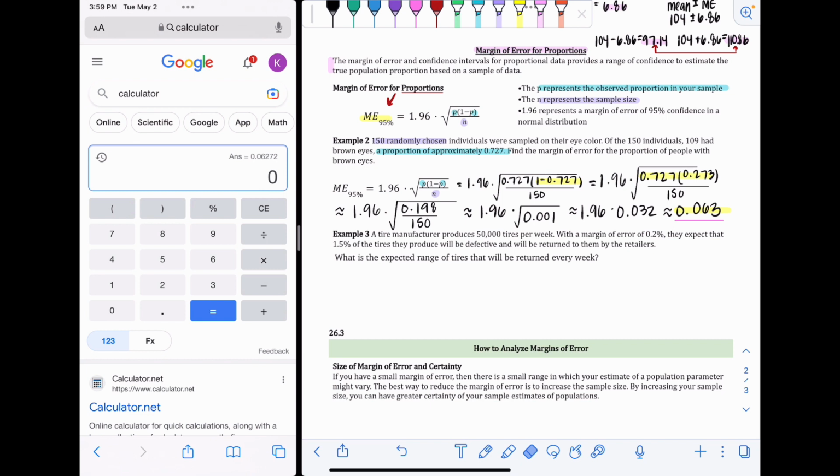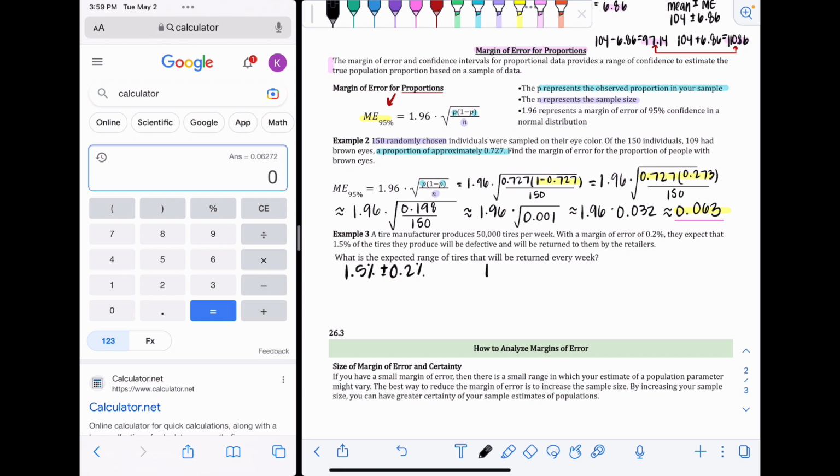So they're expecting an average of 1.5% of tires to be returned, but their margin of error is 0.2%. So that means it could be 0.2% less than that 1.5 or 0.2% more than that 1.5. So to figure out the range, we need to do 1.5% plus or minus 0.2% to find that total range. So we'll separate it into 2.